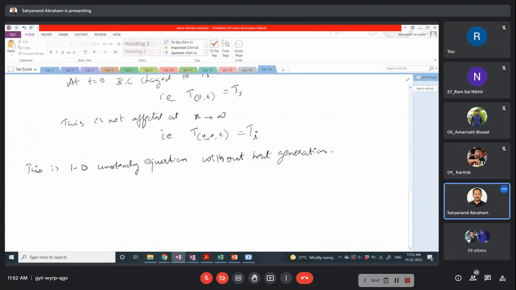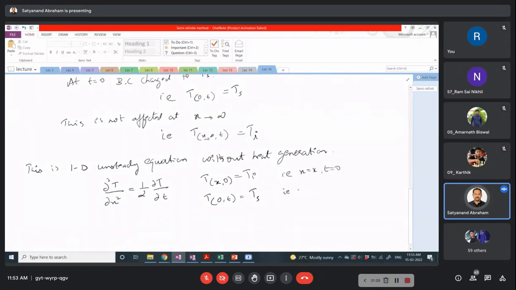Therefore the equation is d square T by dx square is equal to 1 by alpha dT by dt. And the conditions are: T at any x at time t equal to 0 is equal to Ti. That is the initial condition. T at x, 0 is equal to Ti.